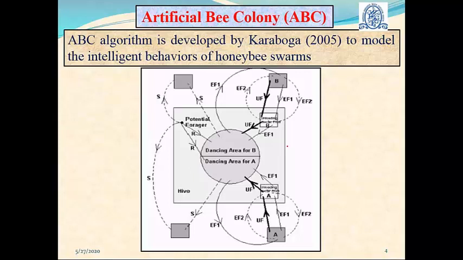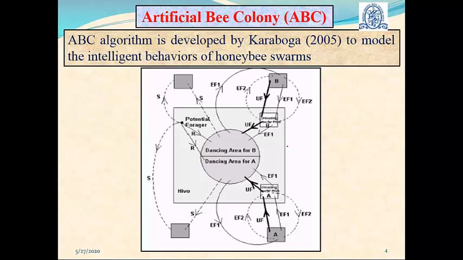Now the onlooker bees have to decide where to go, right? Obviously, the objective here is to maximize the amount of food. So naturally, all those onlooker bees will observe the waggle dance performed by the employed bees.